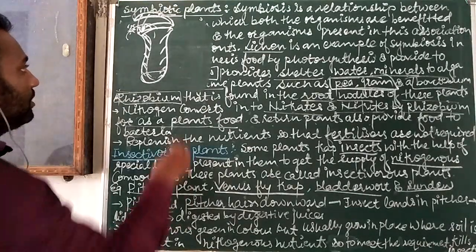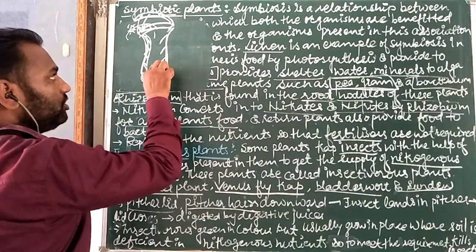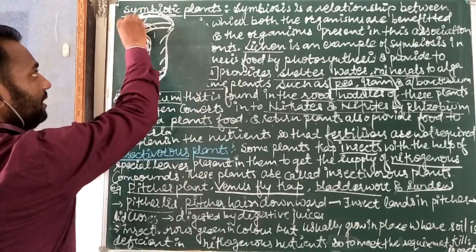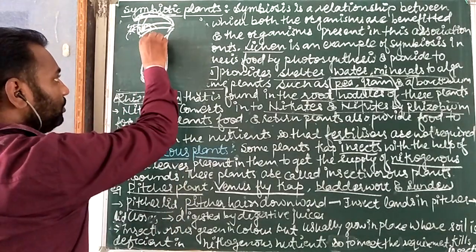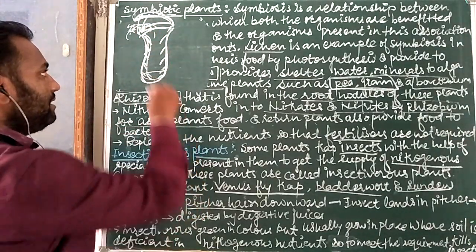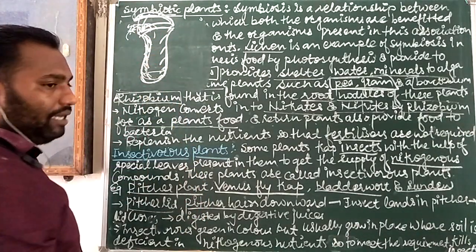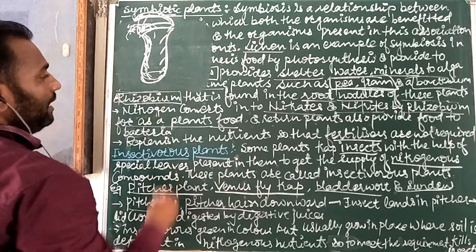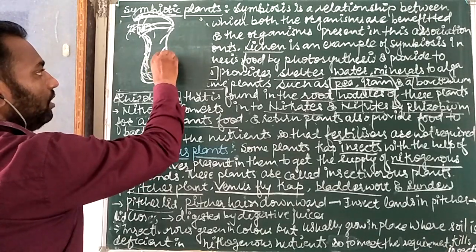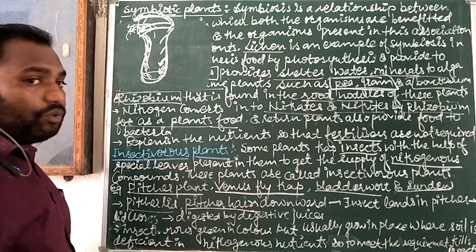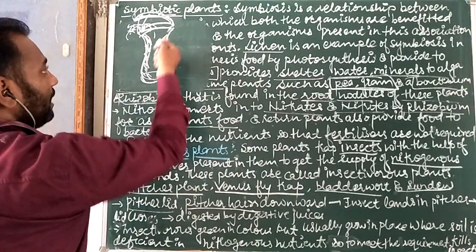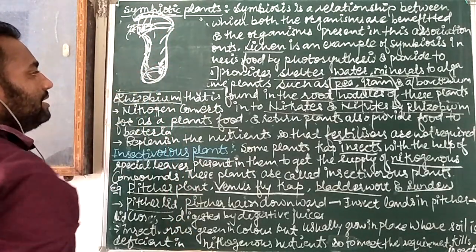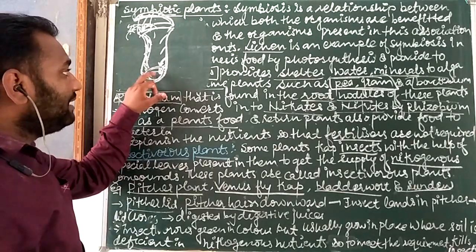Once again, we can see this is the pitcher plant. This is the pitcher, and this is the lid on it. When any insect comes through these downward hairs and jelly-like substance, it will go to the downside, and again cannot climb up, because it is not easy for the insect to go upside with the downward hairs, and this lid also closes, and this digestive juice kills and digests the insect.